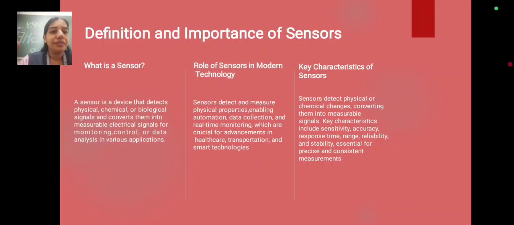Sensors detect physical or chemical changes, converting them into measurable signals. Key characteristics include sensitivity, accuracy, response time, range, reliability, and stability. They are essential for precise and consistent measurement.